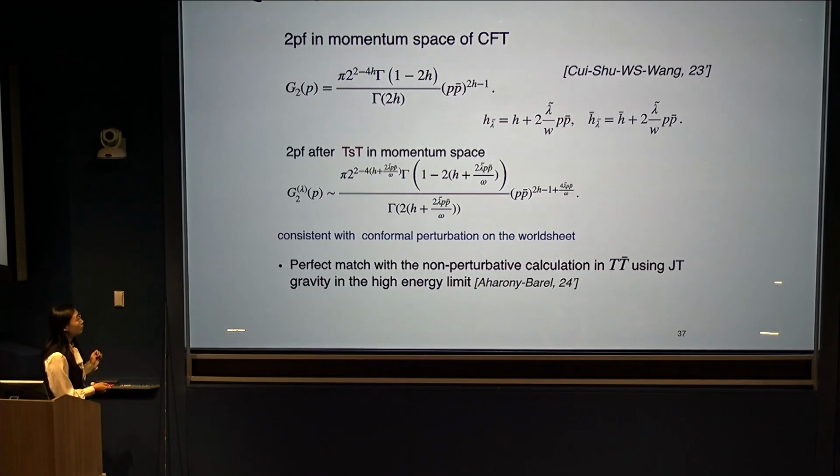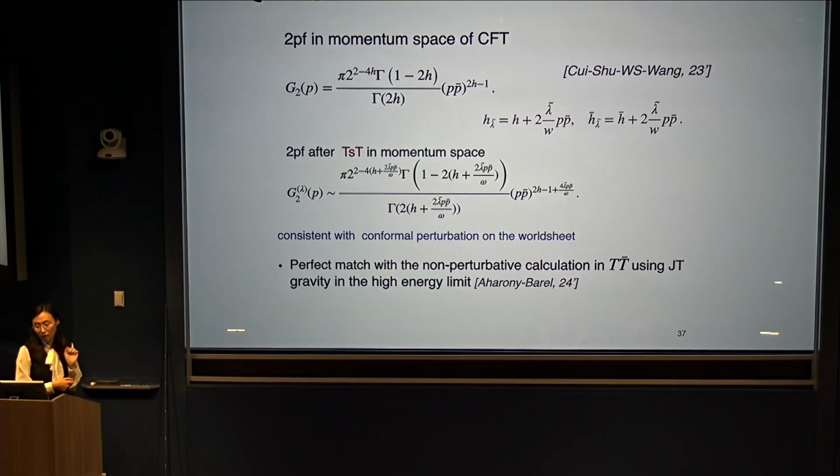And in momentum space, this two-point function can be written very simply. So before the deformation, if we normalize the two-point function in the Fourier basis in such a way, then after that you get this deformed two-point function with h shifted by this polynomial.